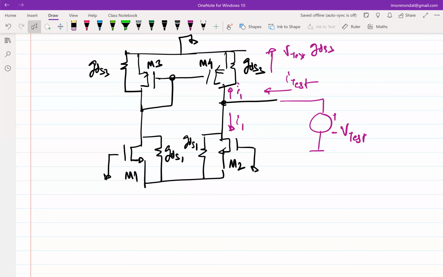So if I have to figure out the impedance looking into the drain of M2, can I assume that the source of M2 is shorted? Even before doing that, if somebody argues that this node Vx is shorted, is that a right argument or a wrong argument?